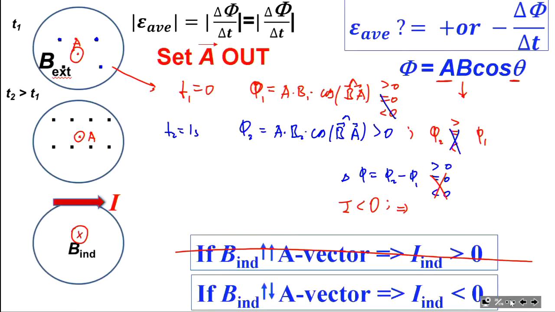Hence, if we want to relate the value of induced EMF, which is negative, and the value of delta phi, which is positive, what sign should we choose?